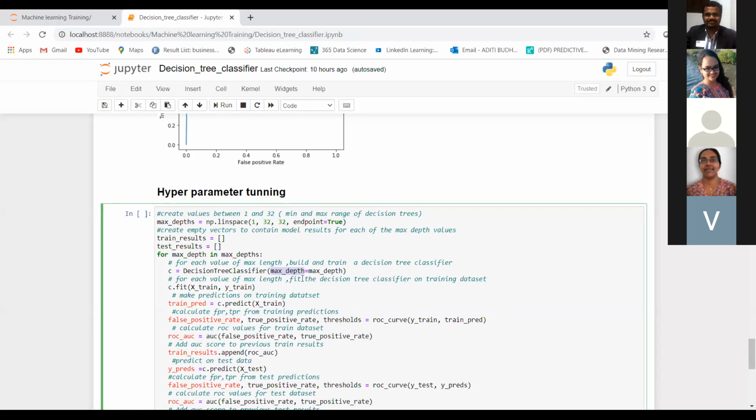So when your model is trained so much on your training data set that it is able to give you the highest accuracy on your training data set, but when a new data set comes, your model is not able to perform well. So this is the situation of the first student, right?